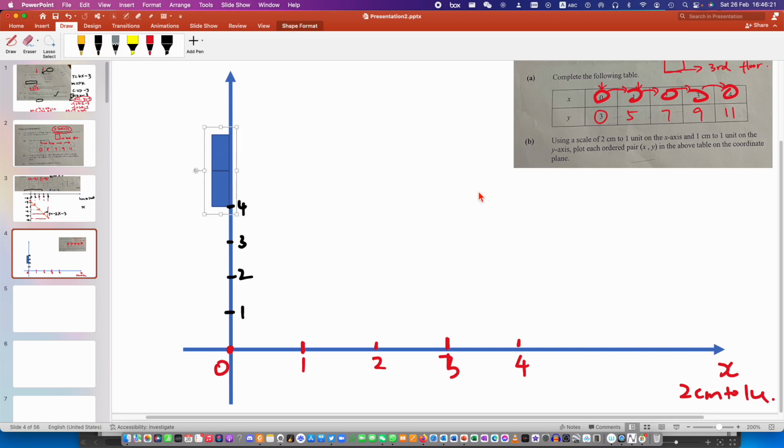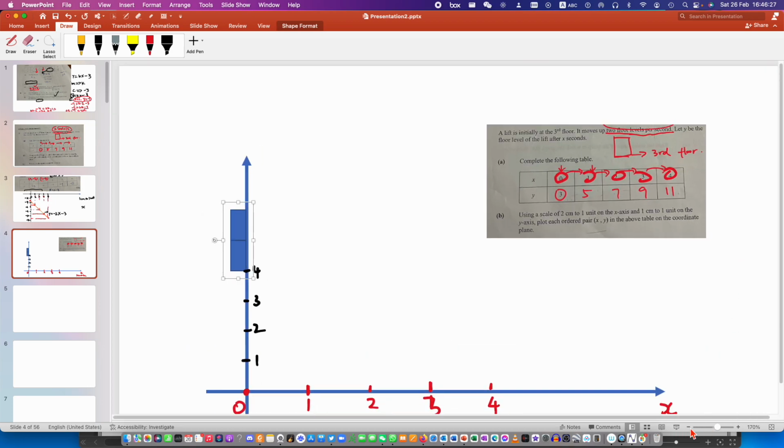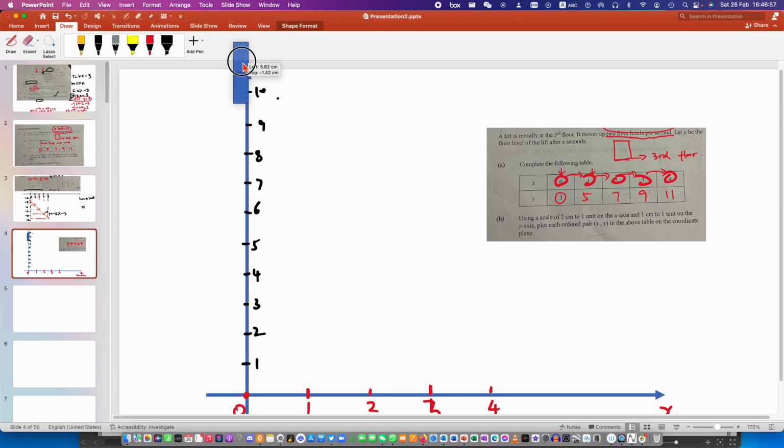Continue. So looks like I will run out of space, huh? I hope you realize I will run out of space. So I need to extend. Are you clear? I will run out of space.